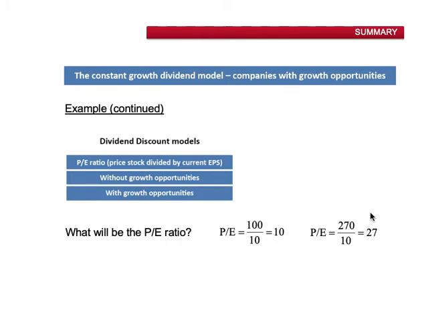In the example where the company is going to reinvest money in the business, obviously with a positive NPV, the PE is going to be 27. So the difference is that in this case the company reinvests nothing, and here obviously the investors are willing to pay more for the same company if the company reinvests money in positive NPV projects.